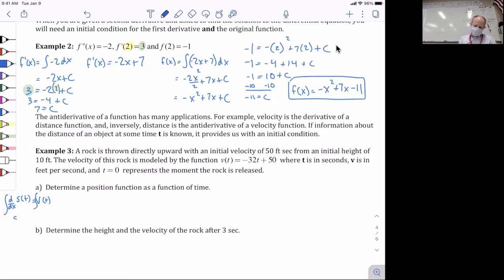And so then our position function would be the antiderivative of the velocity function with respect to time. And we'd have to be able to find that plus c based on the initial condition. Okay, so that's what we're going to do. We're going to integrate the velocity with respect to time.